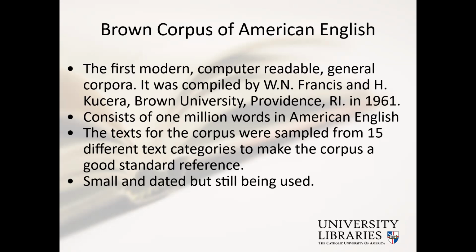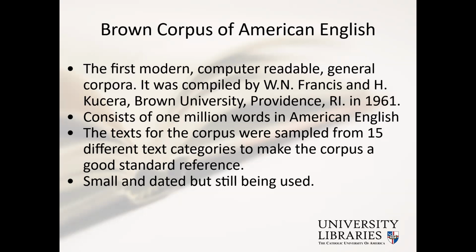It's about 1 million words in American English, and it samples from 15 different text categories, everything from news reports to government reports to humor, articles, that sort of thing. And it makes it a very good standard reference in that sense. It is very small compared to a lot of corpora out there, and it is dated.